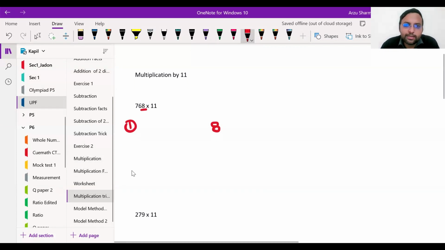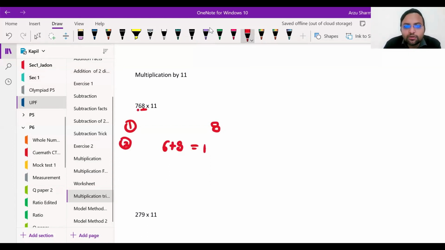Okay, Sujal, that's correct. Good. Is that correct? Just check once, Sujal. So we'll write the ones digit of 768 here. It's 8. That's the first step. The second step is to add the ones and tens digit. The ones digit is 8, the tens digit is 6.